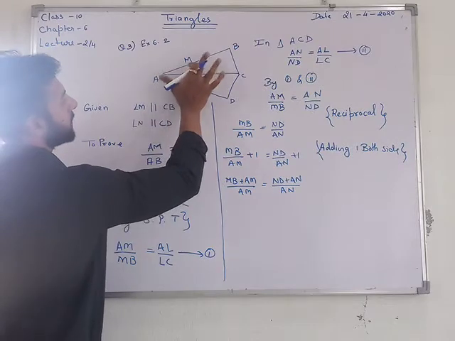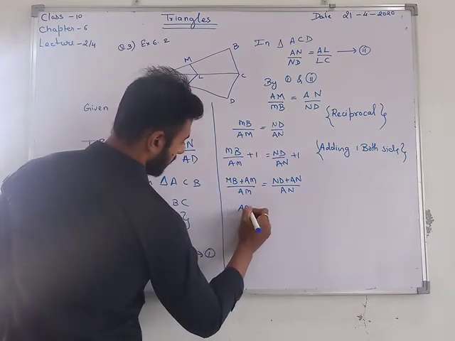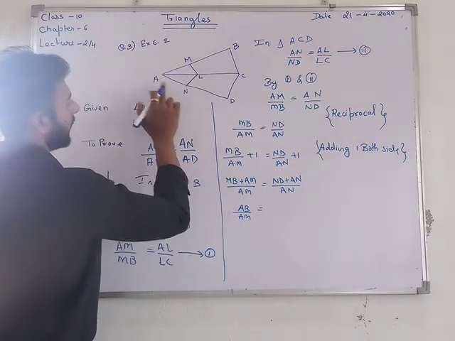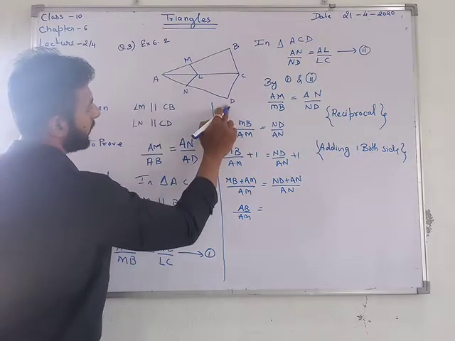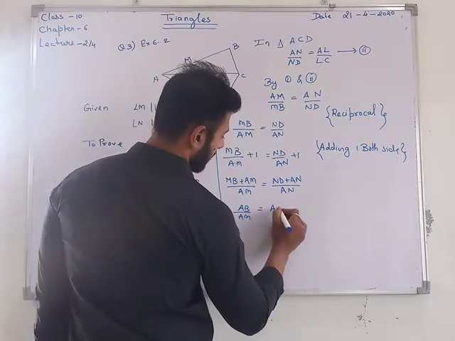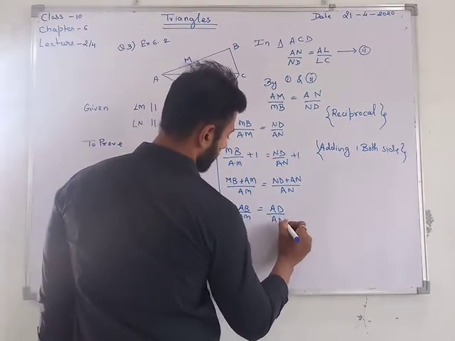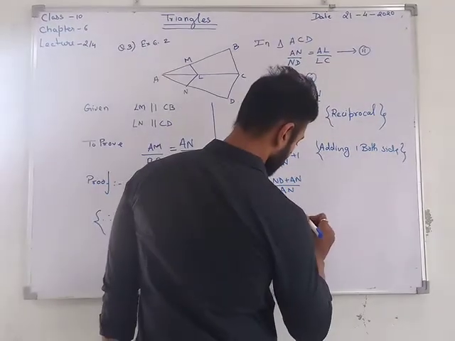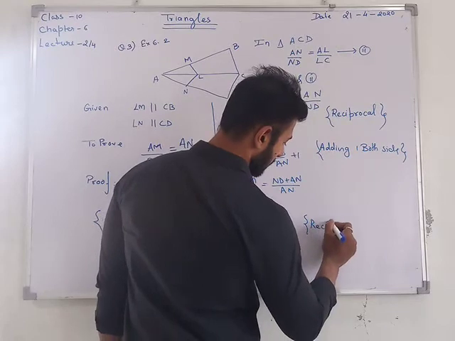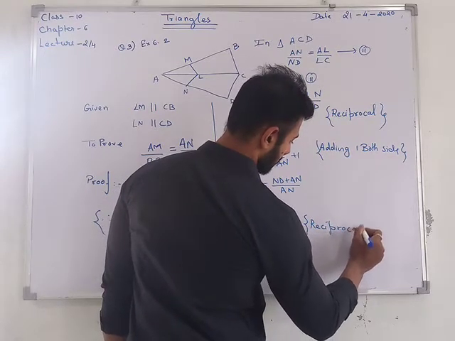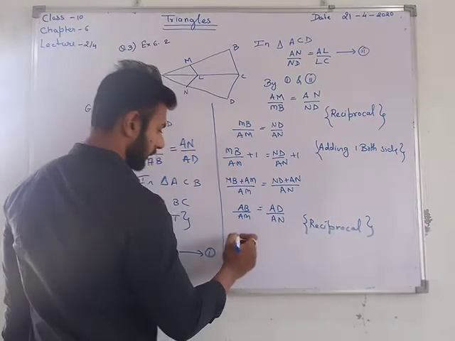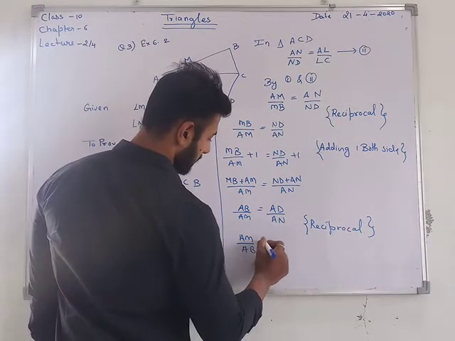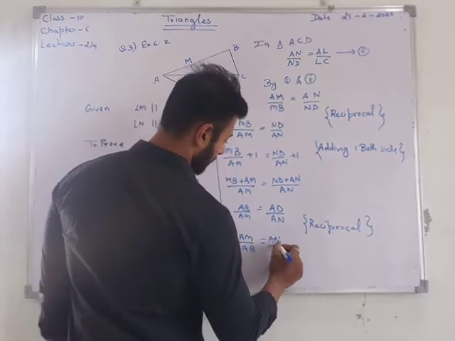MB plus AM is AB, so AB upon AM. ND plus AN is AD, so AD upon AN. Now taking the reciprocals once again, we'll get AM by AB is equal to AN by AD.